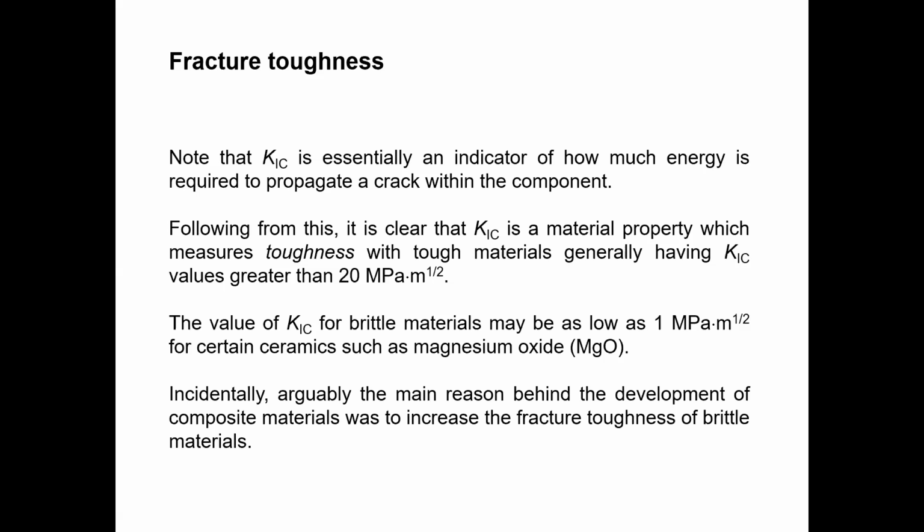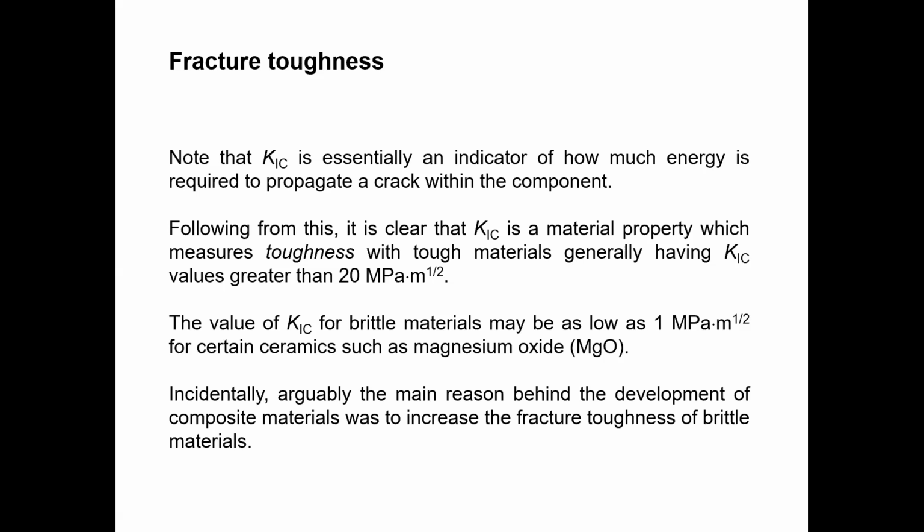In a stress-strain curve, it is the area under the curve. So here also, fracture toughness is the energy required to propagate the crack within the component. So that is the KIC. If they ask you to define the fracture toughness KIC, you can note it down like that.